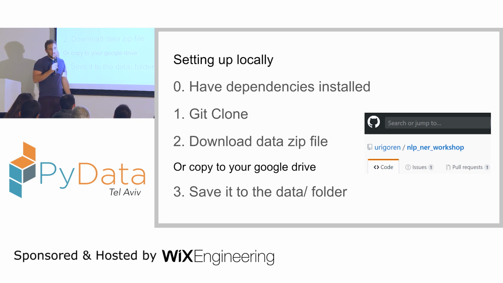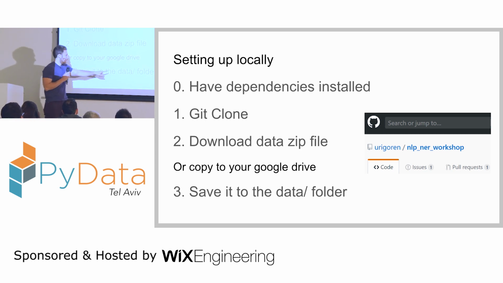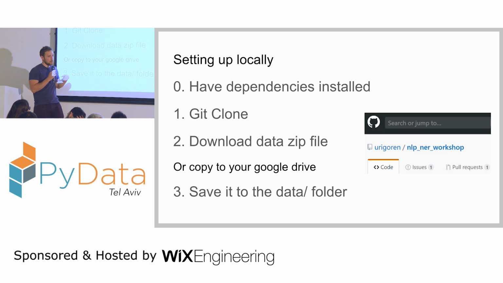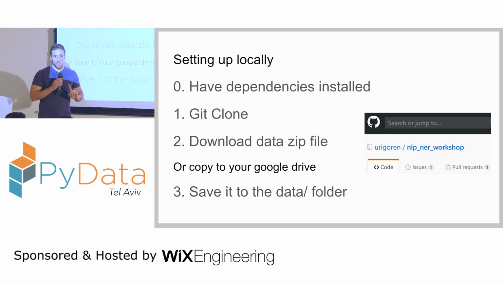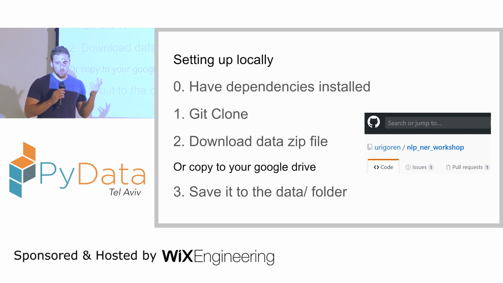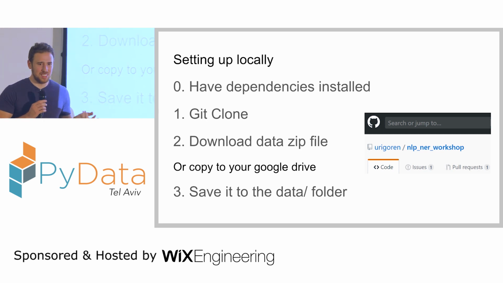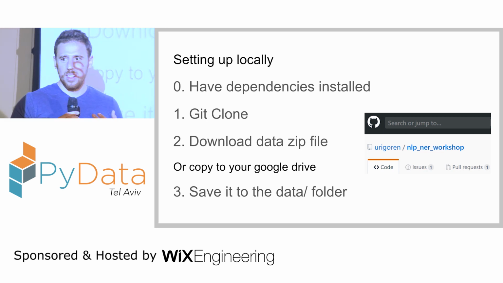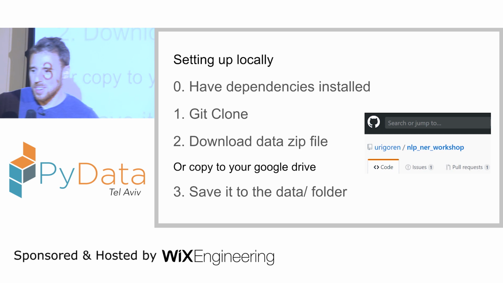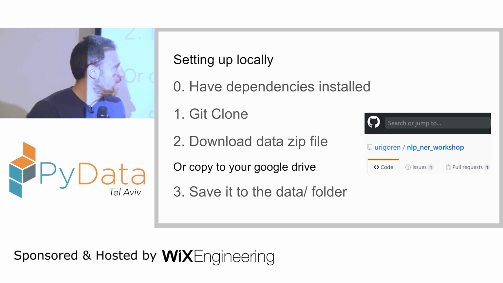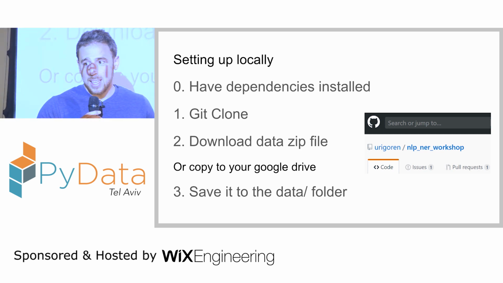The data needs to be in the data folder, either in Google Drive or on your hard disk. Do not extract it. It's at least 2 gigabytes or 12 gigabytes, I think. So don't. The code can read the data zipped.